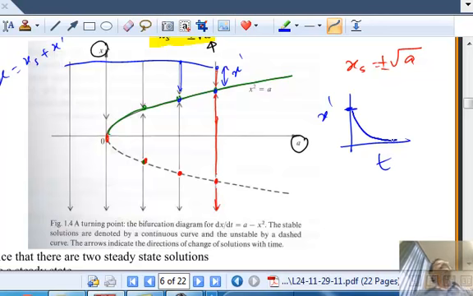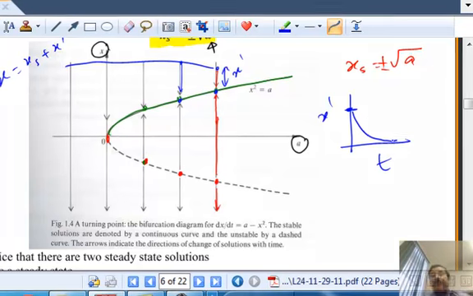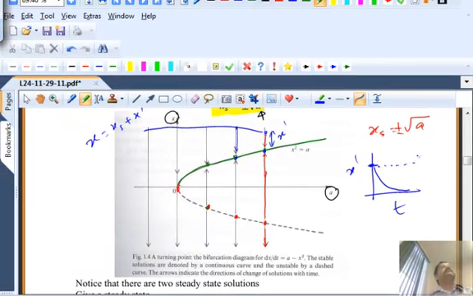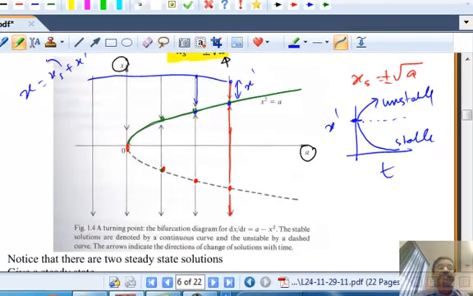Exponentially decreasing. If x prime remains constant, what do I have? A neutrally stable system. If x prime goes like this, what do I have? An unstable system. So I've reduced the problem to finding the behavior of x prime, the perturbation away from the steady state.